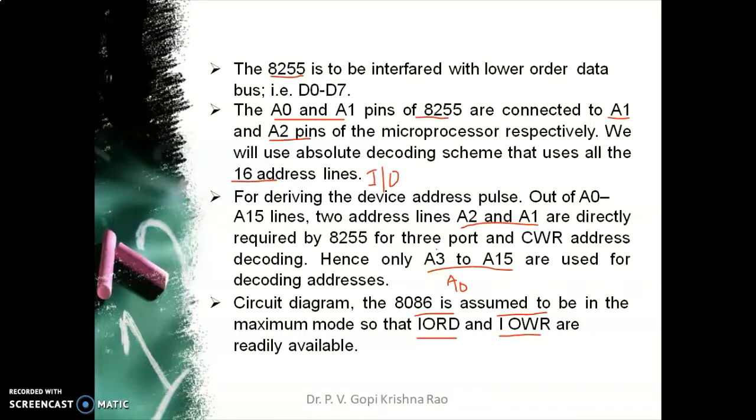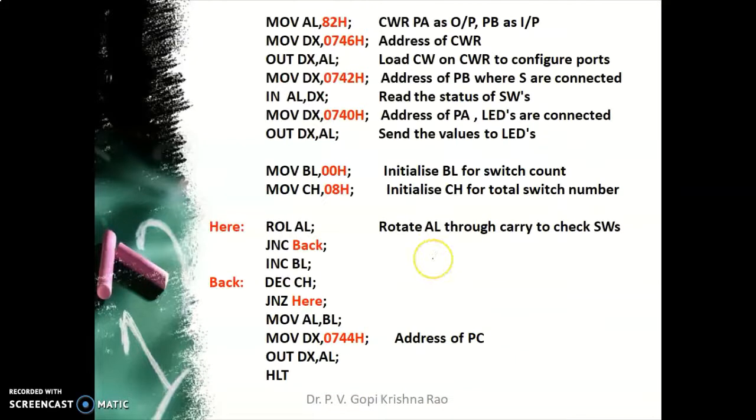So let us see how we actually do it. The first and foremost step in the programming is the configuration of 8255. What configuration do we have to do? We have to configure it as IO mode, mode 0, port A and port C as output, and port B as input. What was the control word that we generated? 18. So we will load that into the AL register.